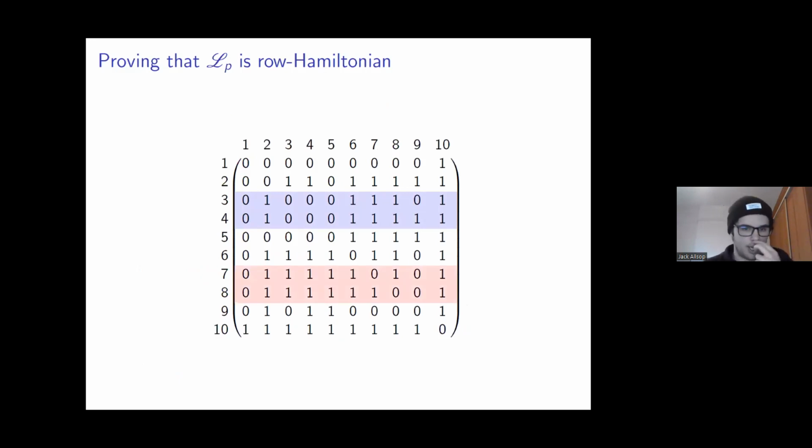And if you look at rows 7 and 8, and 7 and 8 are quadratic non-residues modulo 11, then these rows agree on all columns except for columns 7 and 8. And again, that's true in general. Whenever you have consecutive quadratic non-residues, their rows in the matrix AP are going to agree on all columns but 2. And we use this structure to prove that this matrix was non-singular over Z2.